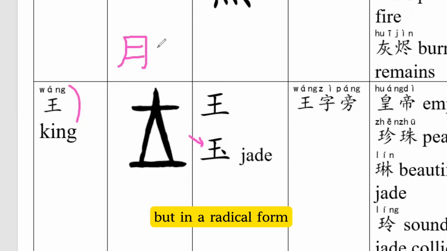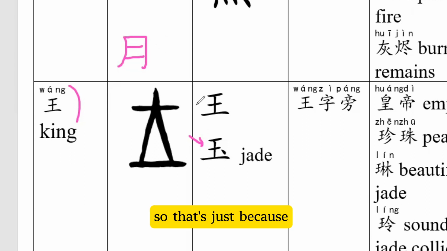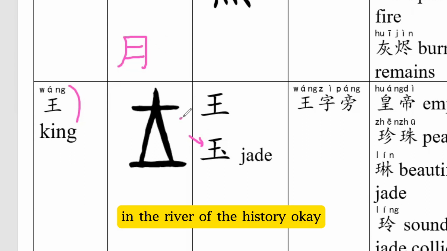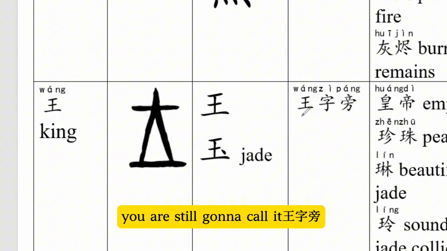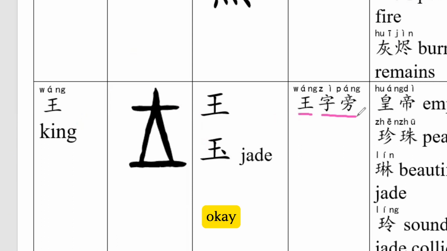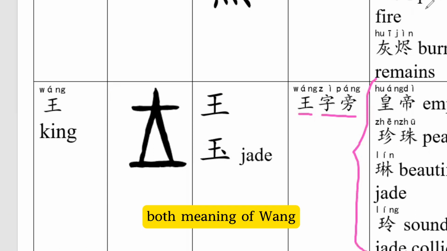But in a radical form, it's often related to flesh, to body, to organs, right? That's just because in the river of history, the two characters merged, and now we just use this one radical to represent the two. You are still gonna call it 王字旁, but in the examples that you're going to see, you have both the meaning of Wang and the meaning of Yu.